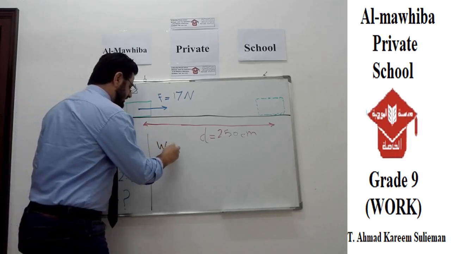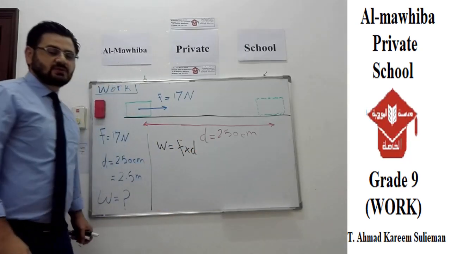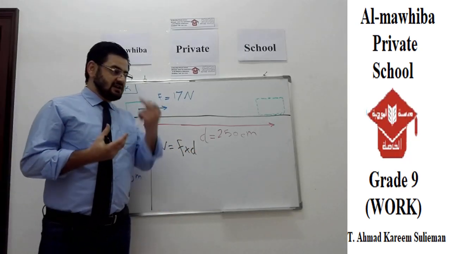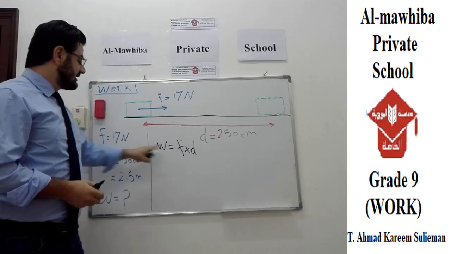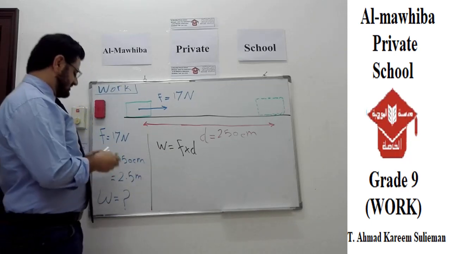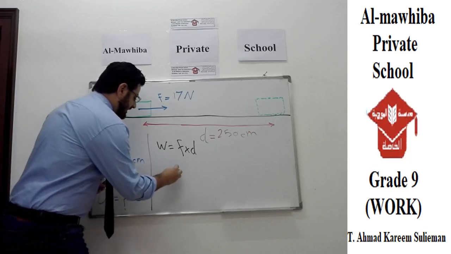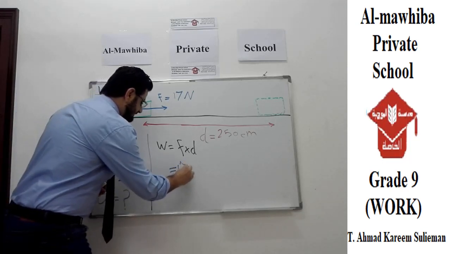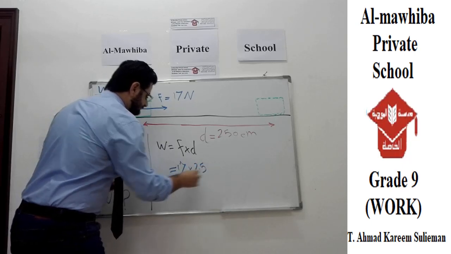We have work equals force multiplied by distance. We have to make sure that the thing that we need to calculate is alone on one side of the equation. As you can see, it is applied here. So we substitute the numbers. We have the force 17 multiplied by the distance 2.5.